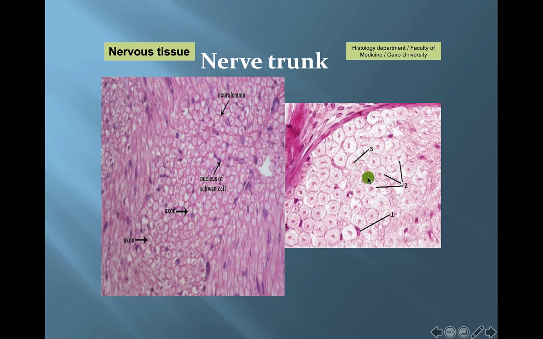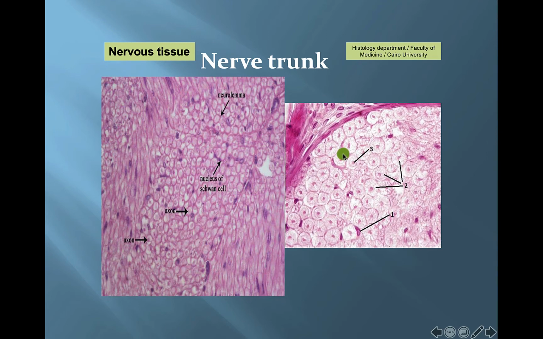In this we have these labels. Number 1 is the nucleus of the Schwann cell surrounding the nerve fiber, and it is only one in the section. Number 2 is the nerve fibers, and number 3 is the axon or the axis cylinder in the center of the nerve fiber.